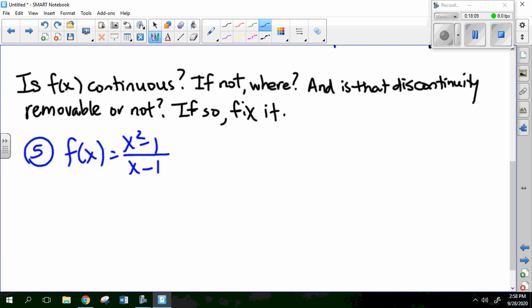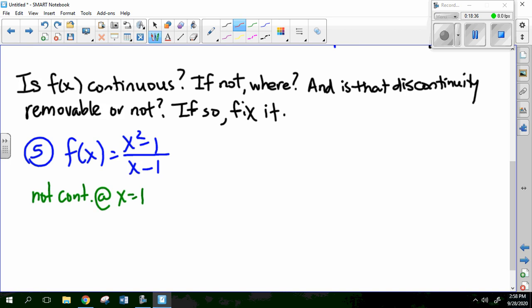Okay, so we've already said that this thing is not continuous at x equals 1, because of the denominator. But I want to know if that's an asymptote or a hole, because if it's an asymptote, it's not removable. If it's a hole, it is removable. Okay, so then how do you figure that out?